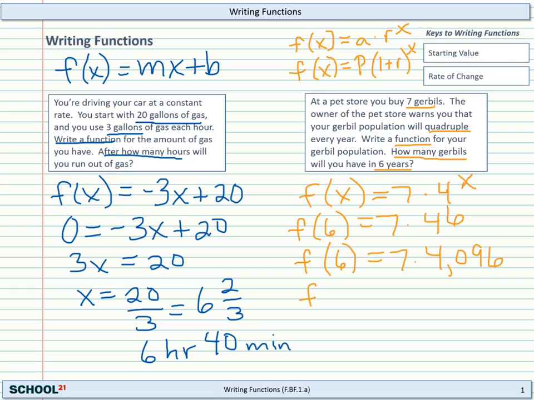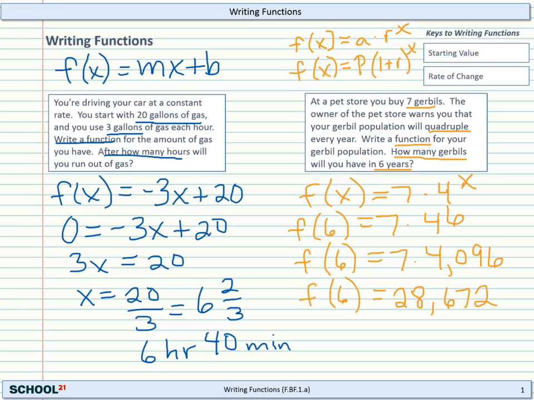And when we multiply that by 7, we get 28,672 gerbils. Time to get a bigger house.